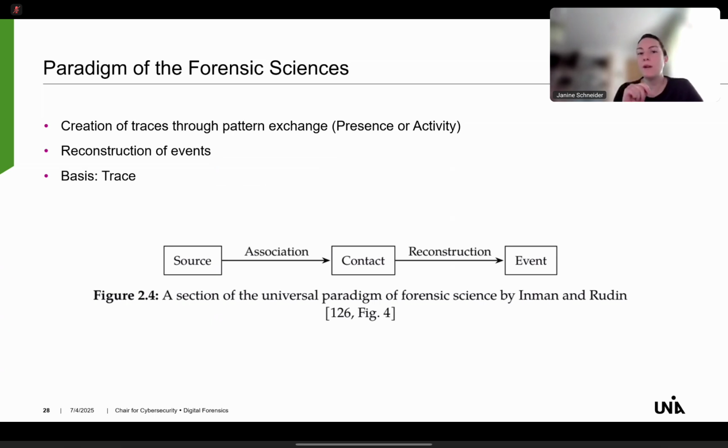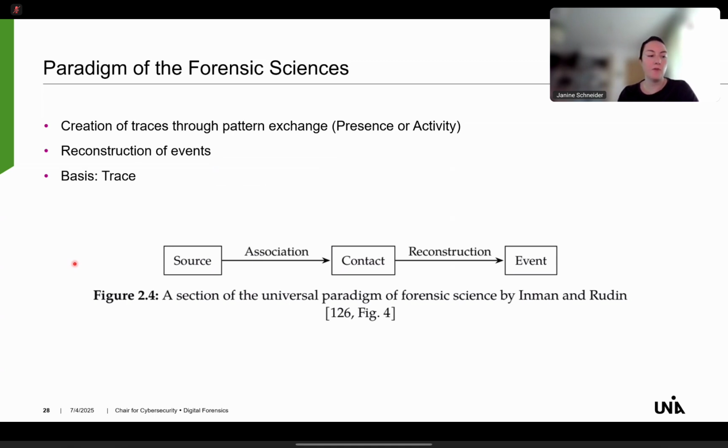Okay, so some of you might remember that in the beginning of the summer we talked about how traces are created. Traces are always created by an event.